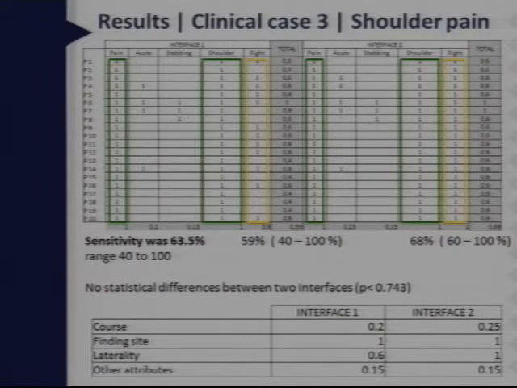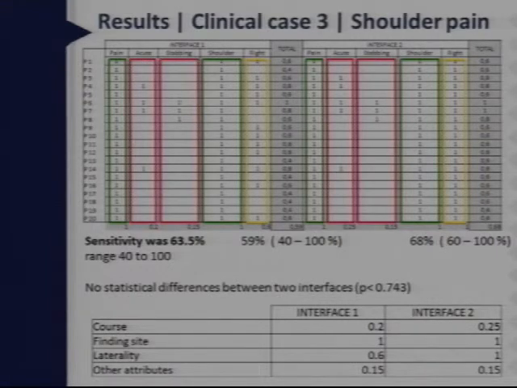Some of them believe that the laterality of the pain was important, and only a few consider that the course of the disease, in this case acute, and the type of pain, in this case stabbing, were important to put in the problem list.